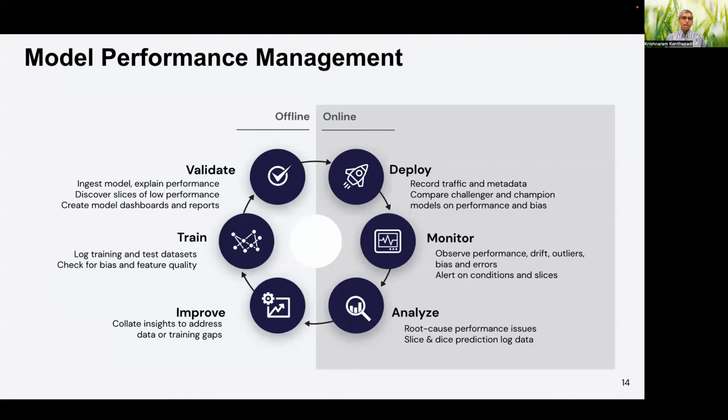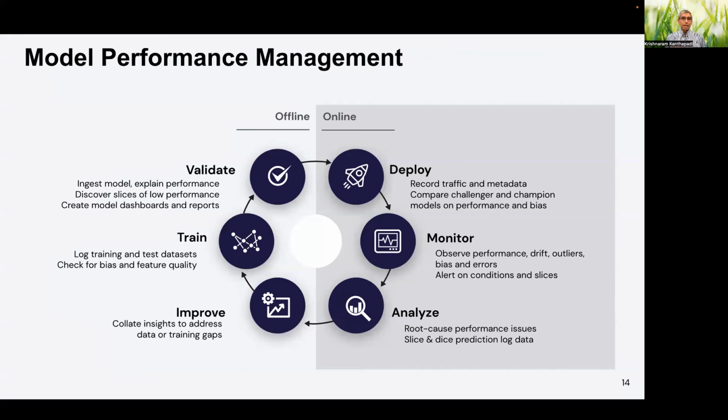So if there is one takeaway from this tutorial, it's that we have to consider the online aspects as much as the offline aspects. Monitoring deployed models is at least as important as validating and vetting the models before deployment.